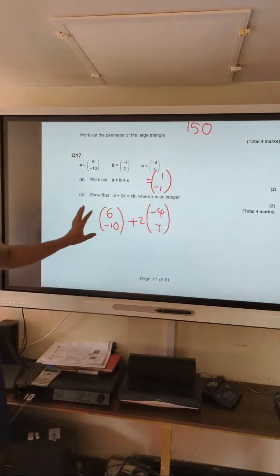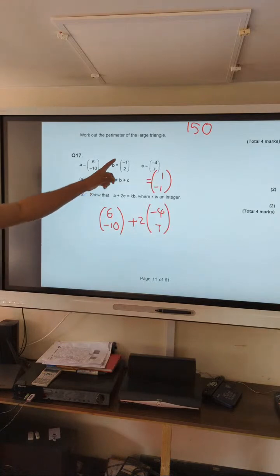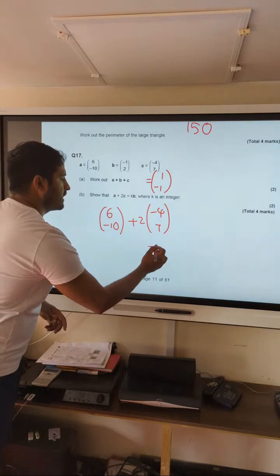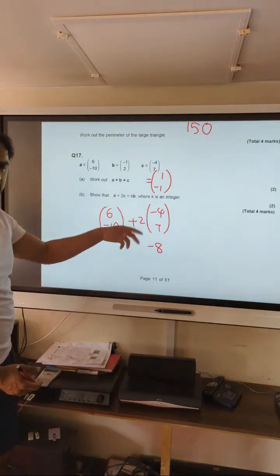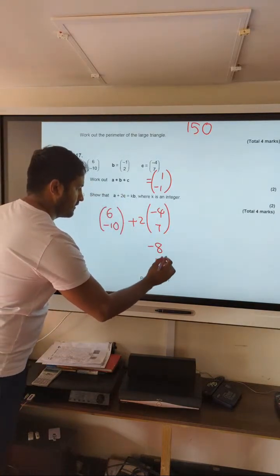So now, when I add them, I should be able to factorize something, and that should be in that form. Okay, so 2 times -4, that's -8. Double the distance in the x direction. You're making the vector 2 times bigger, double the distance in the y direction. So that's 14.